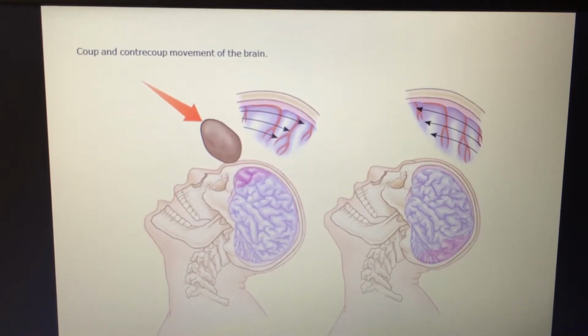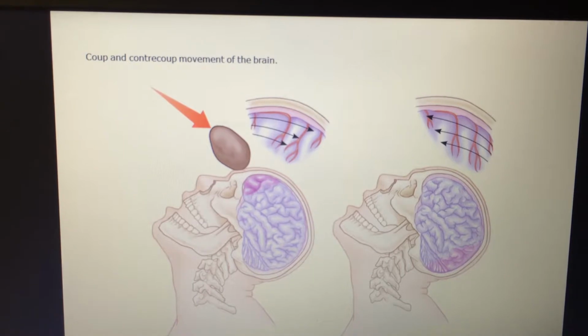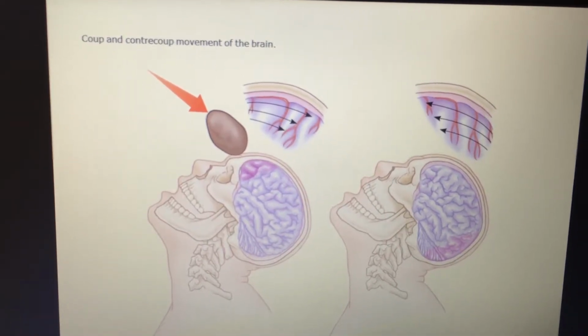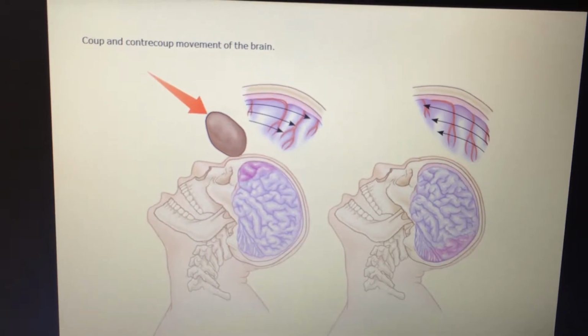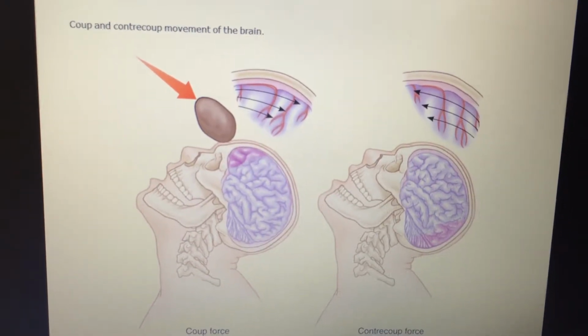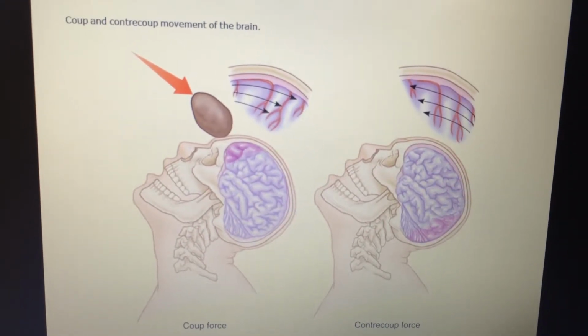And remember, as we talk about adults and kids, our geriatric population is going to be very susceptible to injuries because they're dehydrated. The brain can move around a little bit more. In the young, the brain is actually going to be very big and the skull is not as developed, so they're going to be very susceptible to injuries.